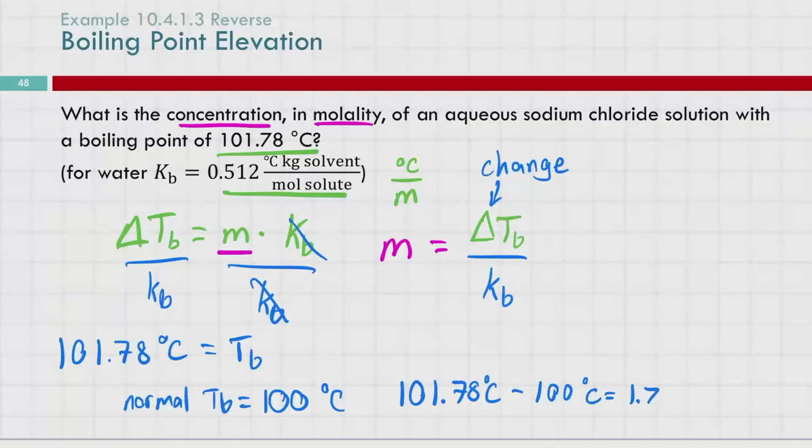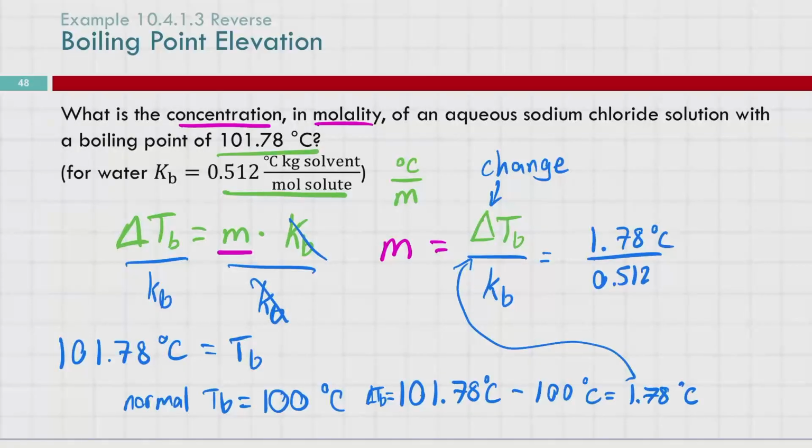Our boiling point went up 1.78 degrees Celsius. That's our delta TB. So our molality is 1.78 degrees Celsius divided by 0.512 degrees Celsius per molal.